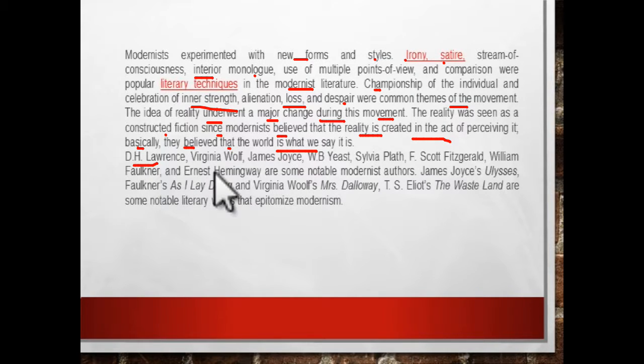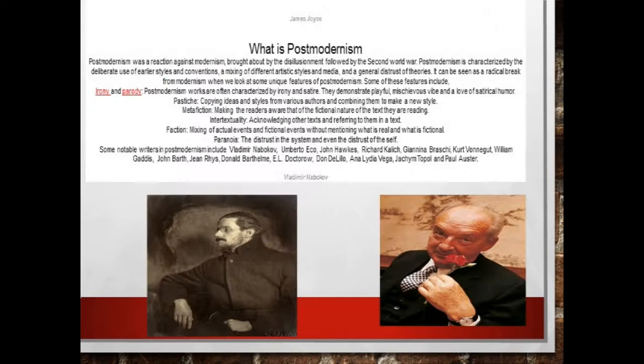D.H. Lawrence, Virginia Woolf, and James Joyce, and some others, are modernist writers. What is postmodernism? Postmodernism was a reaction against modernism, brought about by the disillusionment that followed the Second World War.